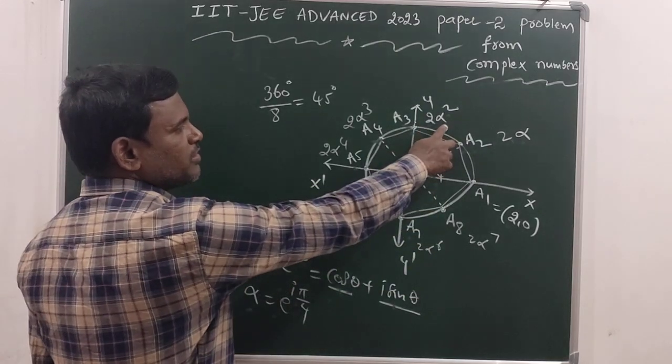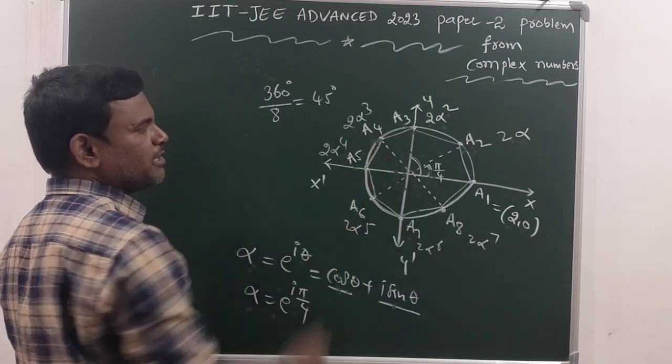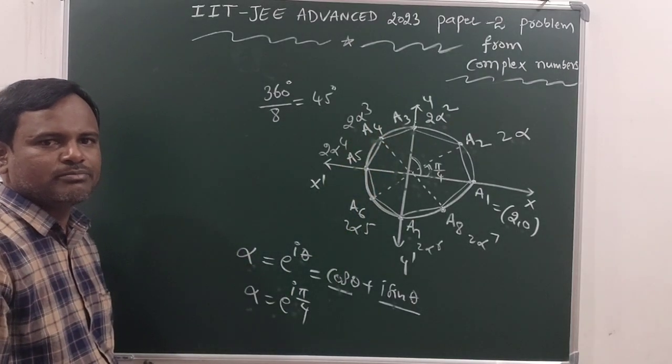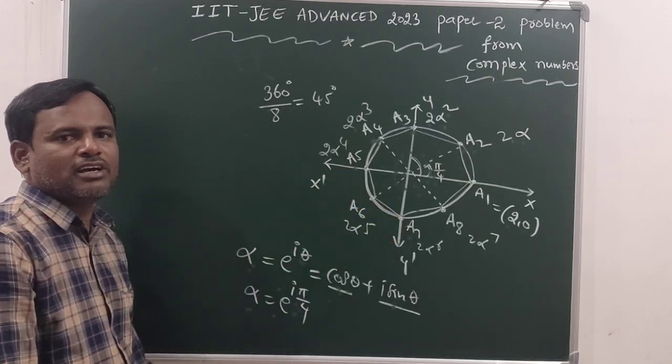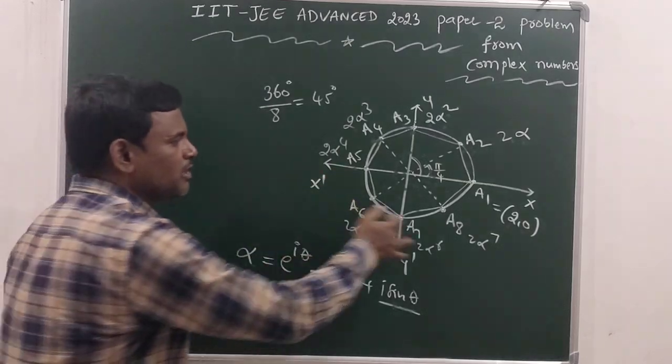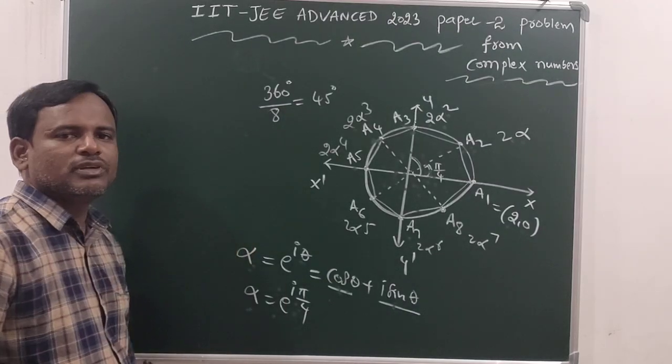Now here 2 alpha square if you do, you get this. 2 alpha cube if you do, this you will get. You know the De Moivre theorem. You can apply to this to get these vertices. But to get the answer of this question, it is not required to write all these vertices. Okay, so you can remember like that.